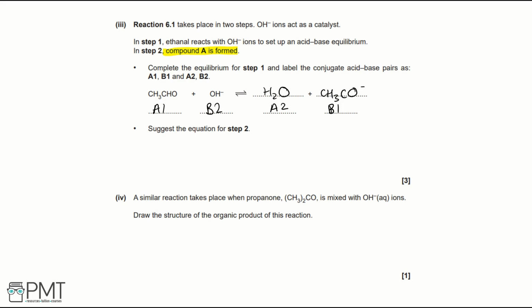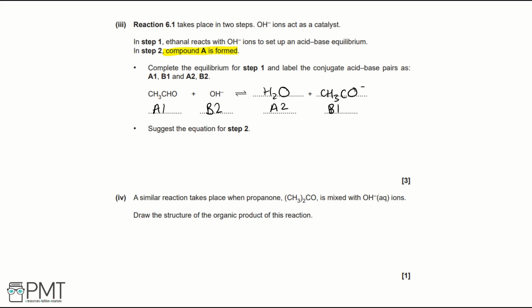Then B2 and A2, a base is a proton acceptor, and going from B2 to A2, we've gained an H+, or a proton, and so it has accepted a proton and is the base. And so we can check that we've got the correct conjugate acid-base pairs by using the fact that an acid is a proton donor and a base is a proton acceptor.